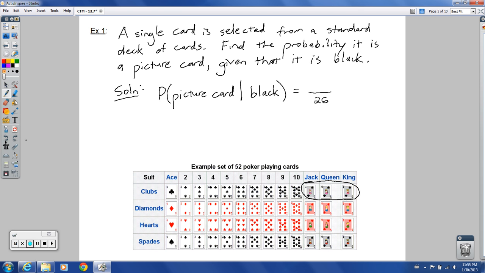So this becomes, out of the 26, you have 6. And so let's write down where these are coming from later on. When you look at this, it'll make a lot more sense if we know where they came from. So there's only 26 black to choose from.